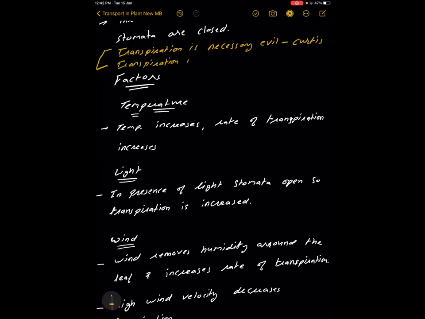You cannot avoid it because it is important to move water upward in the ascent of sap. If transpiration is absent, water cannot be moved upwardly.